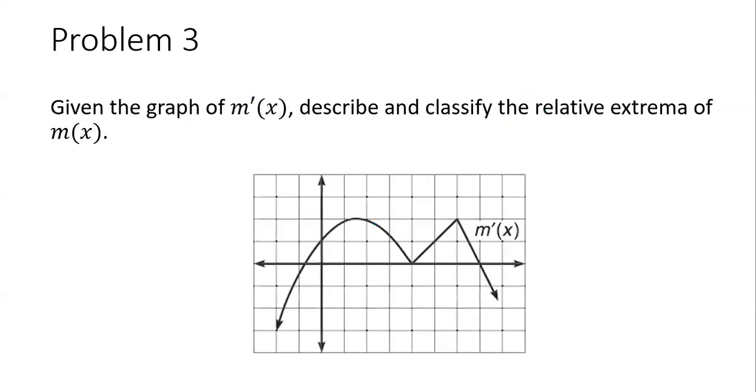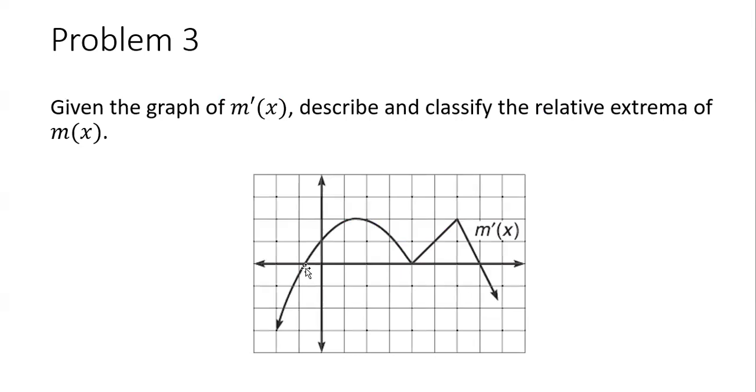Problem 3. Given the graph of m prime, describe and classify the relative extrema of m. Okay. How do we think about this? Relative extrema occur when m prime changes sign. So it changed sign over here from negative to positive, right? That means m has a relative min there at, what is this?